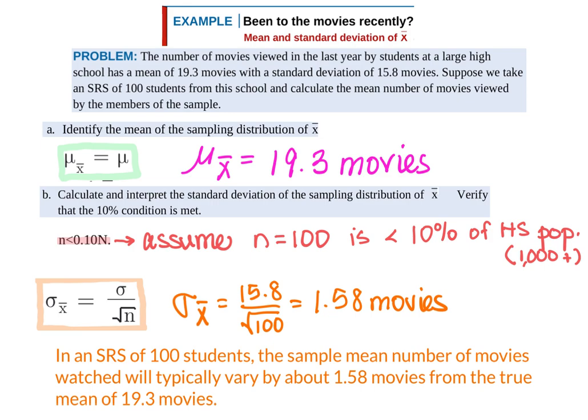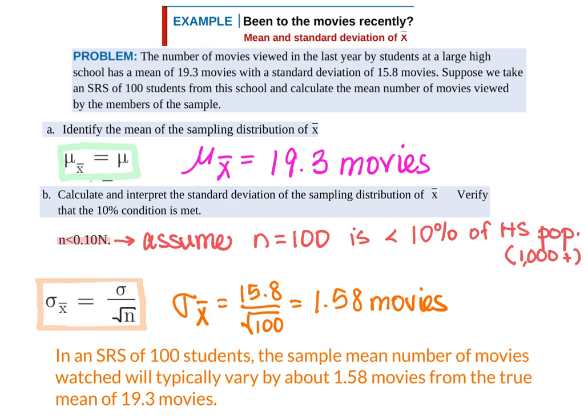So next, assuming that our 10% condition is met, let us find the standard deviation of our sampling distribution. We've got our equation here, and I just plug in my population standard deviation, which is 15.8 movies, and divide it by the square root of n, which is 100, which makes for a nice 1.58 movies.